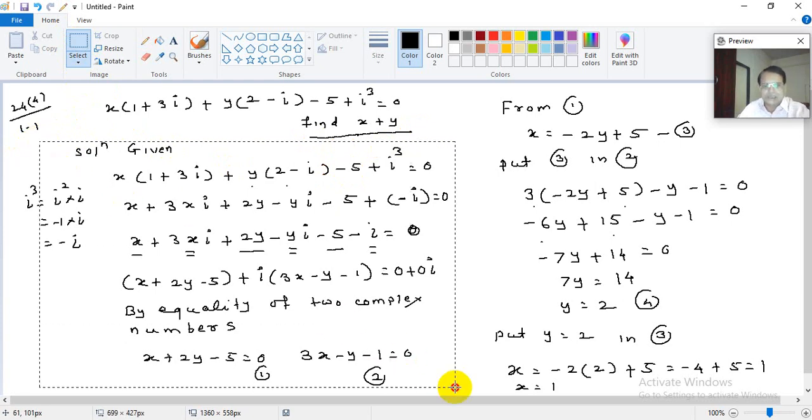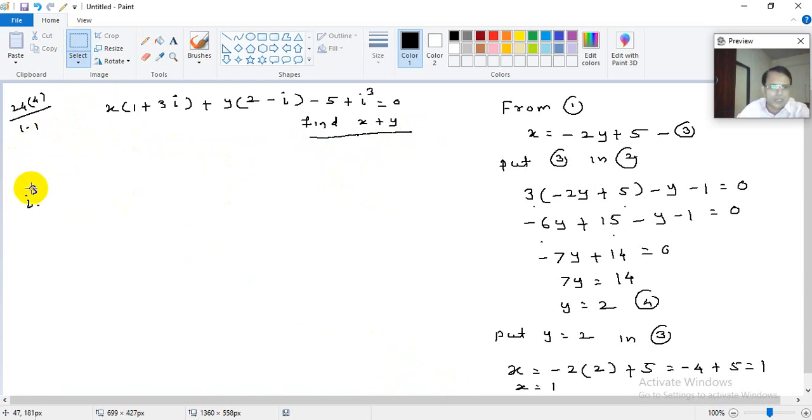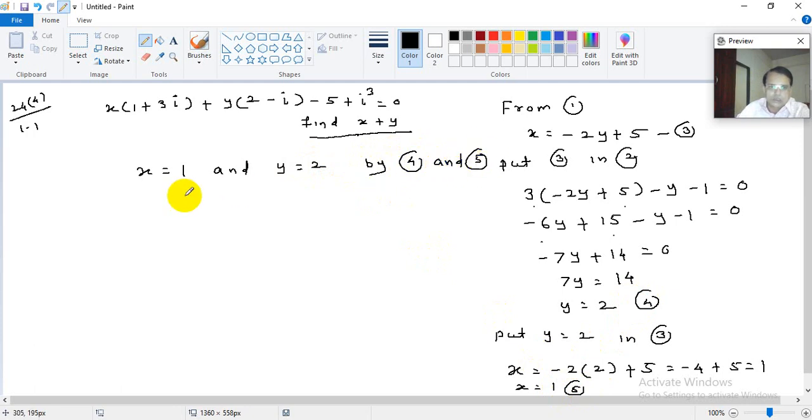From all the calculations we have done, x = 1 and y = 2, by 4 and 5. So x + y becomes 1 + 2, and so it is 3. Okay, so that is done.